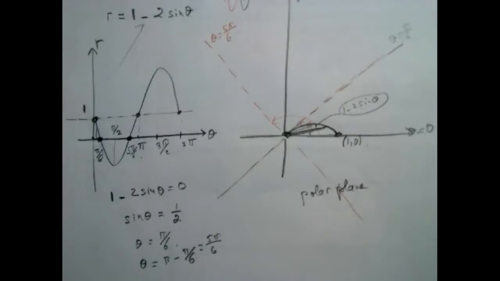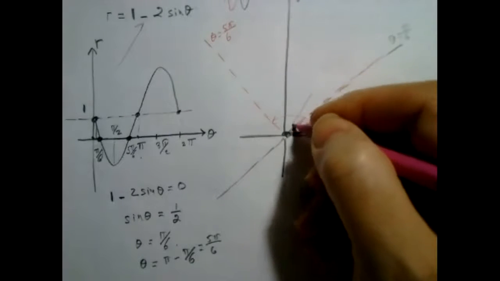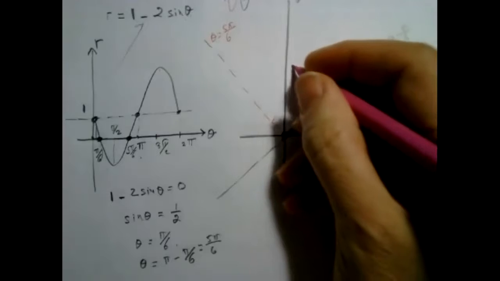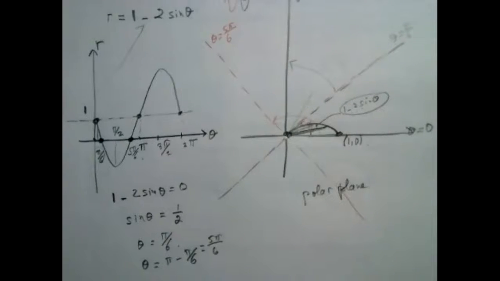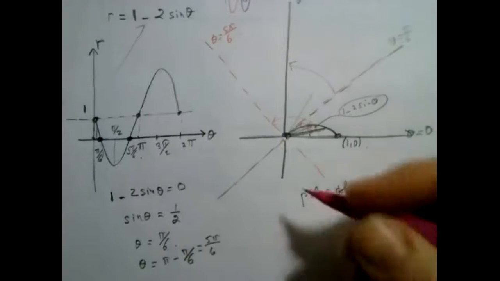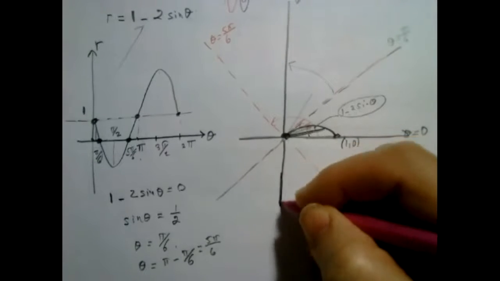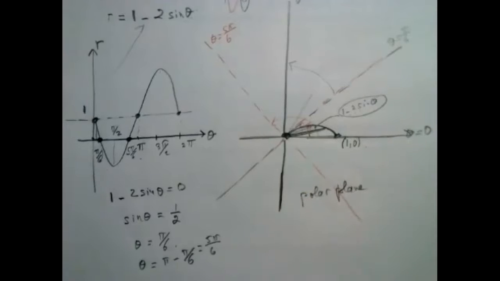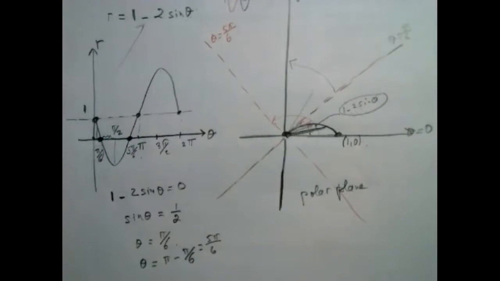Now what's happening between pi over 6 and pi over 2? Back to you. When I take a value of theta between pi over 6 and pi over 2, what's going on? It's decreasing more. Yeah, but I want more than that. How is r? Positive or negative?